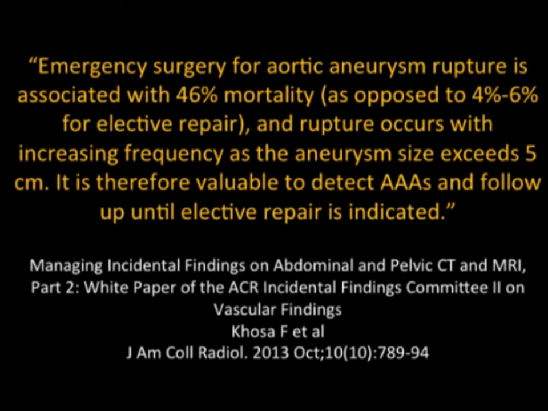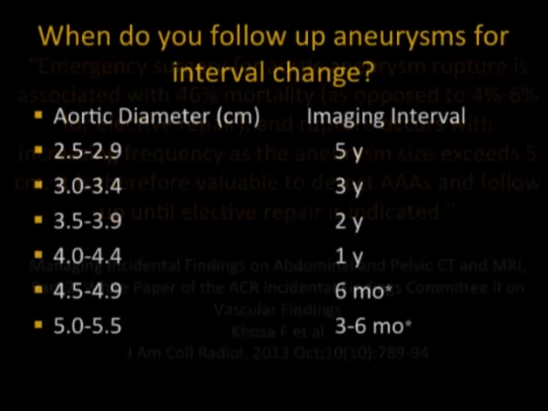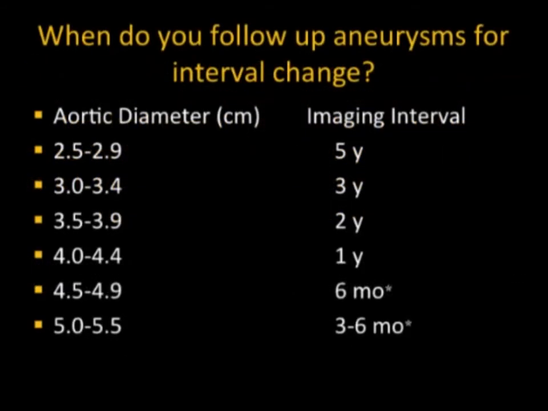Rupture occurs with increasing frequency as the aneurysm exceeds 5 centimeters, and 5 centimeters always is a critical mark. At 5 to 5.5 cm, many people will say that is a key jumping point for doing elective repair. Sometimes patients have comorbidities, and so people become more conservative, but for most patients, that 5 to 5.5 cm is a critical feature.